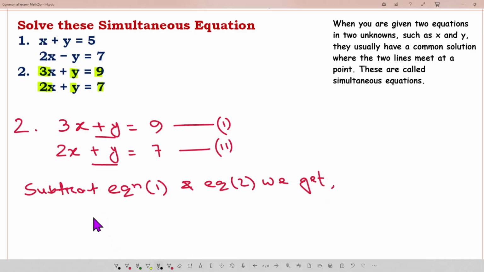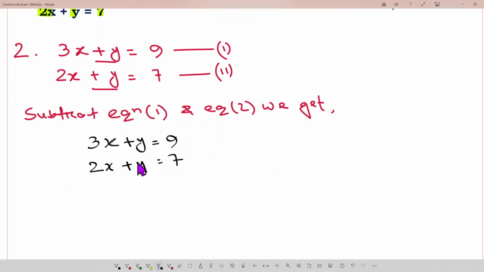Here 3x plus y equals 9, then 2x plus y equals 7. Once we subtract, the sign will change. So plus y and minus y cancel out, 3x minus 2x is x, and 9 minus 7 is 2. So we get x equals 2.